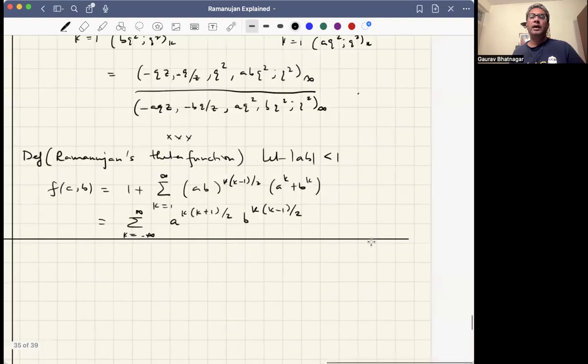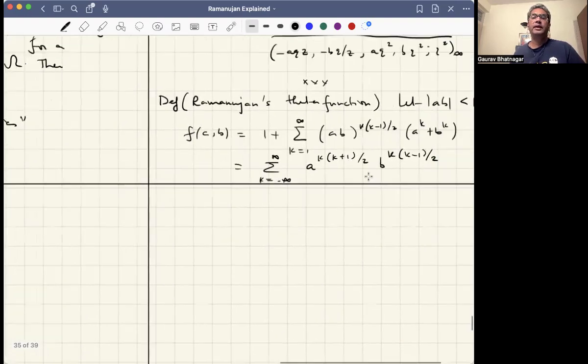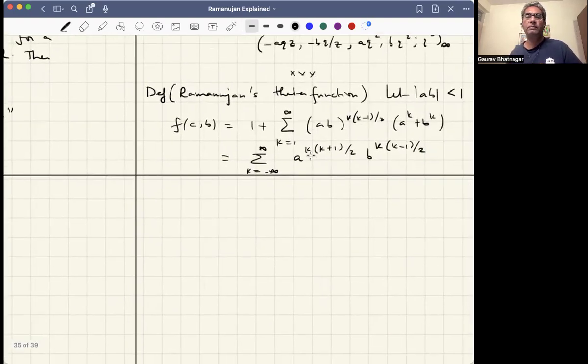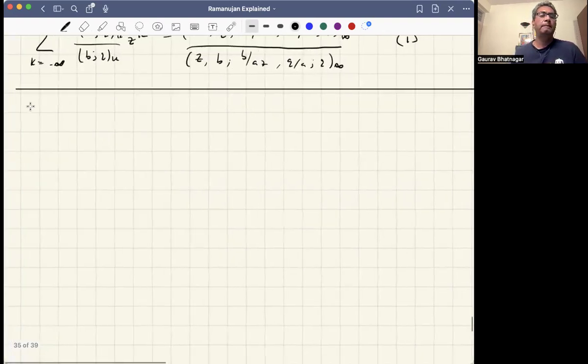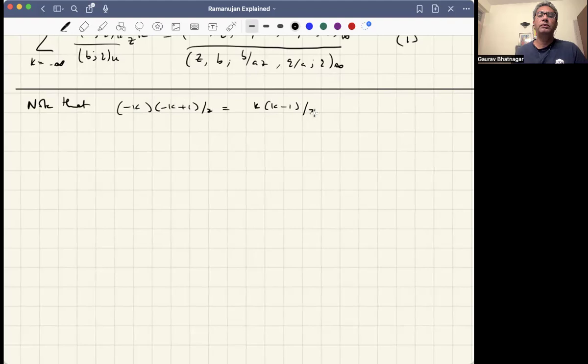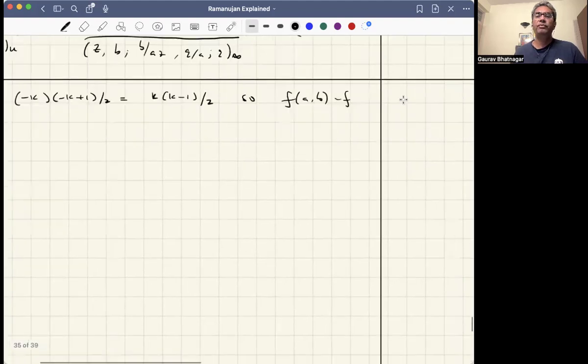Okay, so we note that if you replace k by minus k, then minus k plus 1 over 2 becomes k minus 1 over 2. So f of AB is equal to f of BA.